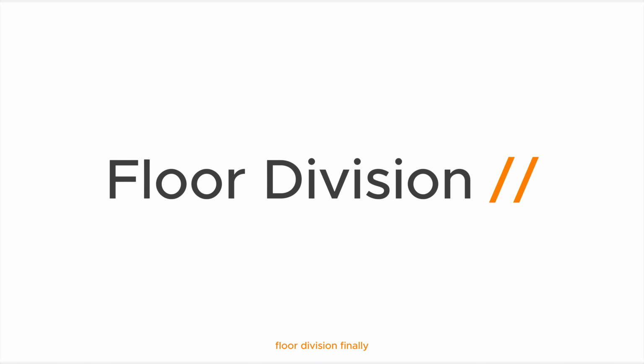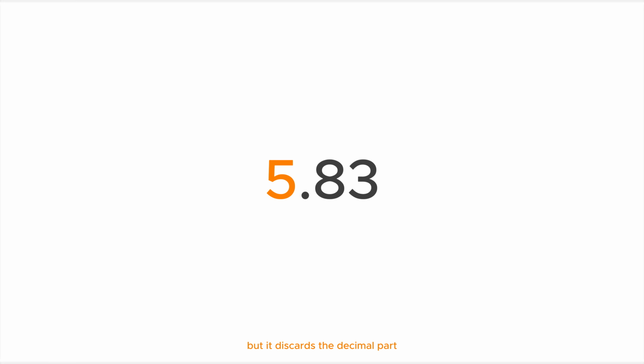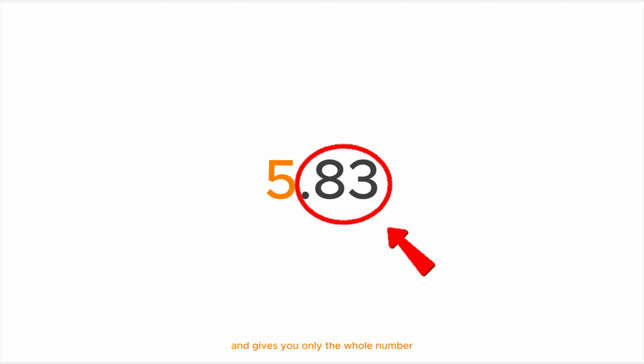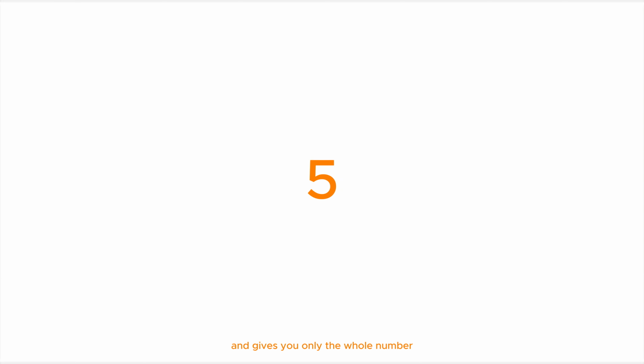Floor division. Finally, we have floor division. We use a double forward slash like this. This is like regular division, but it discards the decimal part and gives you only the whole number.